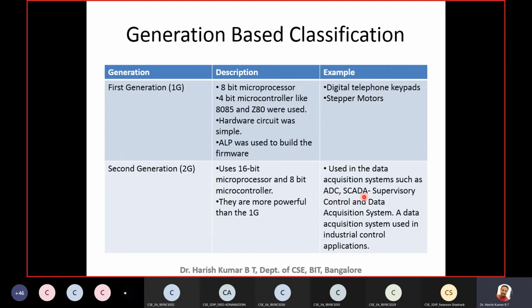But SCADA systems collect the data, store the data, and even provide the provision for you to visualize the data. So any type of data, okay, any measurable data, you can go for visualizing. So this is a very brief look into the second generation embedded systems.